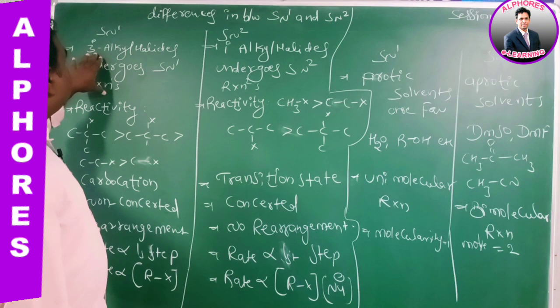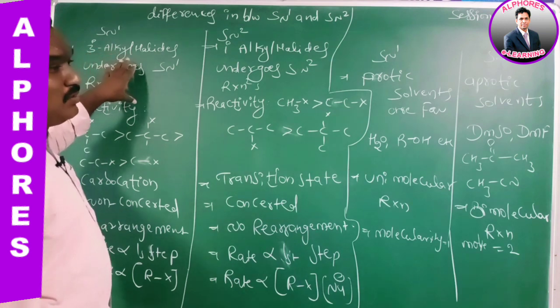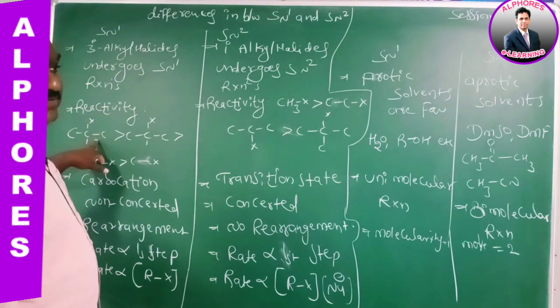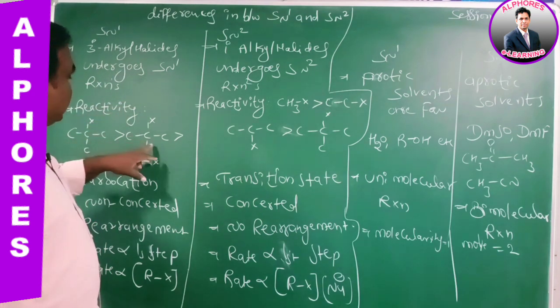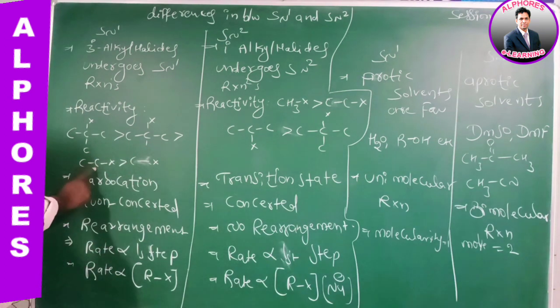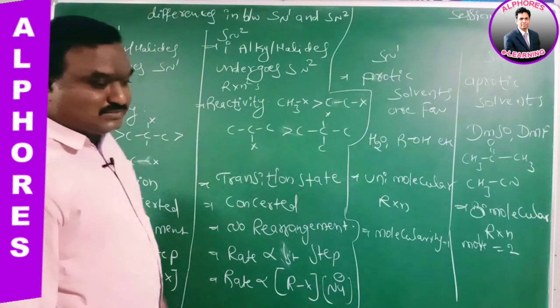So what is the reactivity order of alkyl halides in unimolecular reactions? Tertiary alkyl halide reactivity is greater than secondary alkyl halide, which is greater than primary alkyl halide, which is greater than normal alkyl halides.